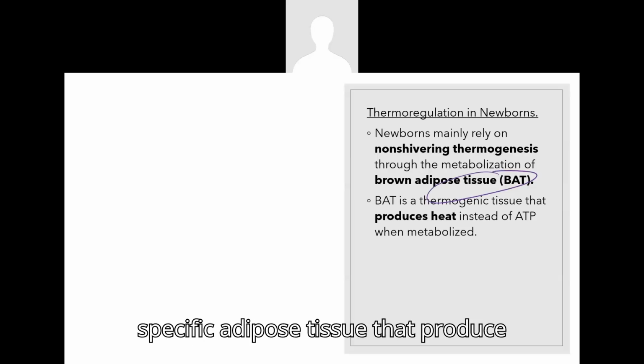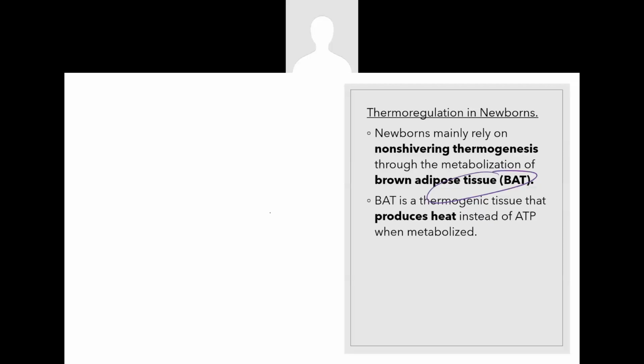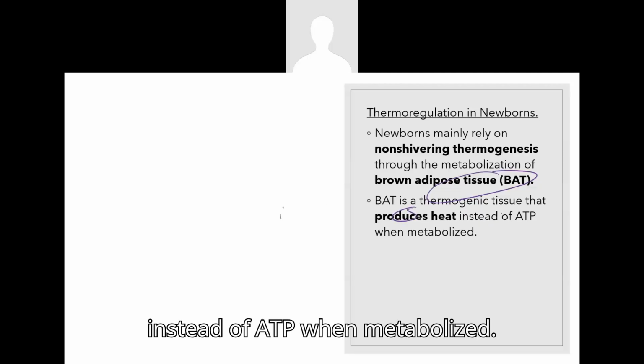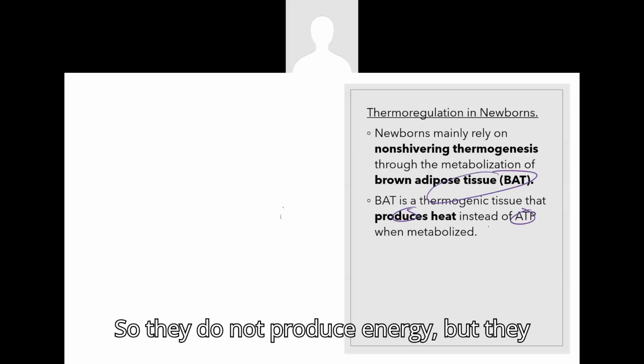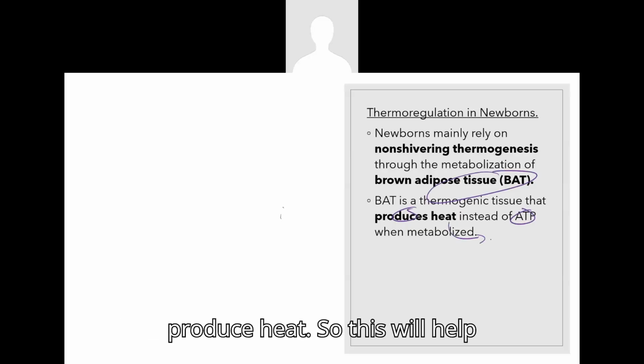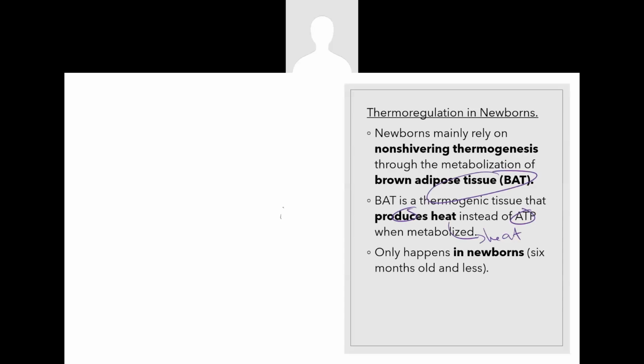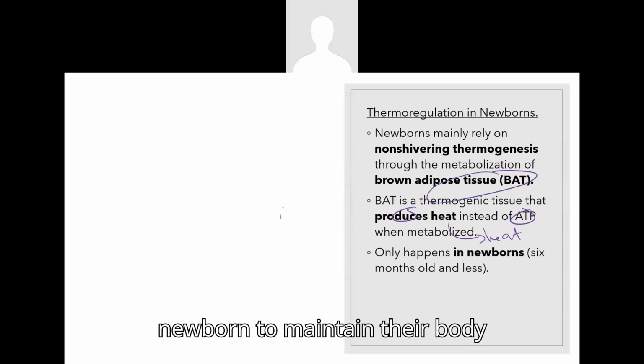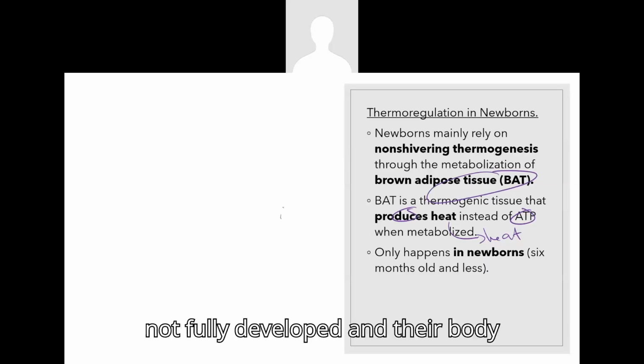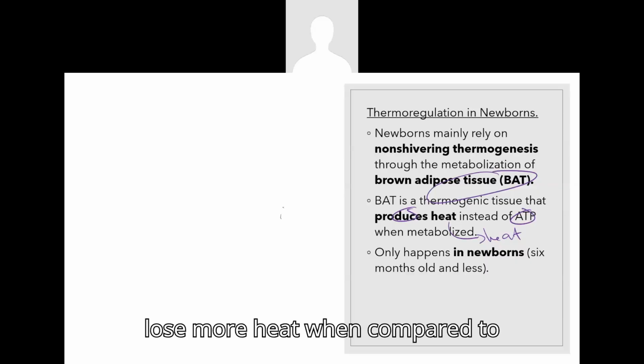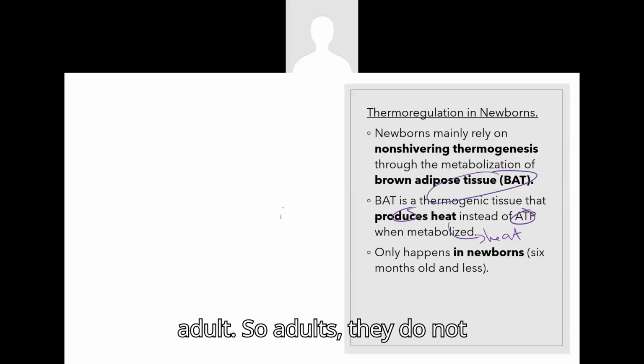So this is quite a specific adipose tissue that produces heat instead of ATP when metabolized. So they do not produce energy, but they produce heat. So this will help newborns to maintain their body temperature when the other thermoregulation mechanisms are not fully developed and their body loses more heat when compared to adults.